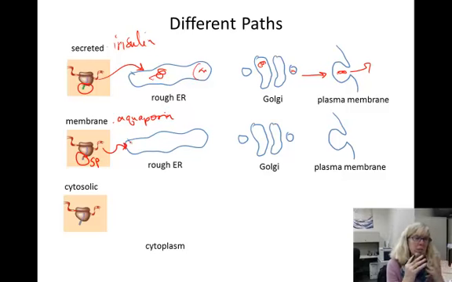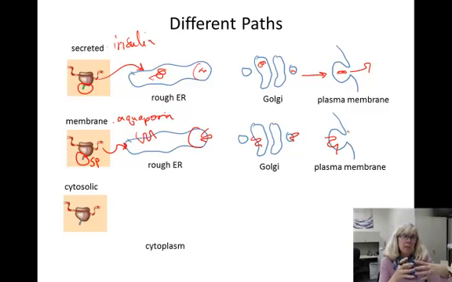Because it's uncomfortable being in the lumen of the ER, it's actually threaded into the membrane of the rough ER. This then breaks off as a vesicle with the protein in the membrane, arrives at the Golgi, exits the Golgi, arrives at the plasma membrane, and now when the vesicle binds to the plasma membrane and fuses with it, the membrane protein is already built into the new membrane that's added to the plasma membrane.